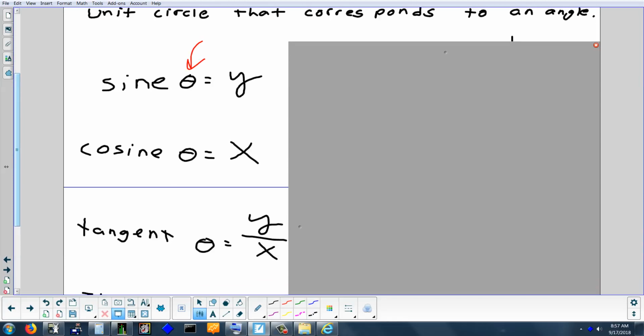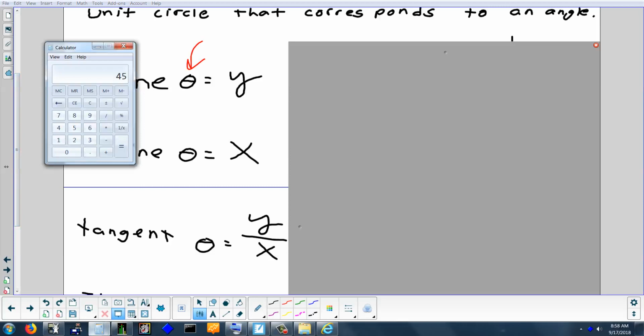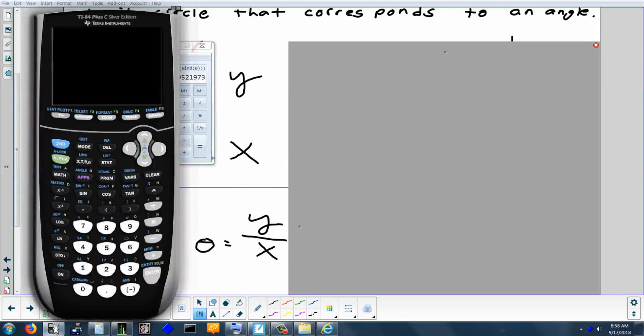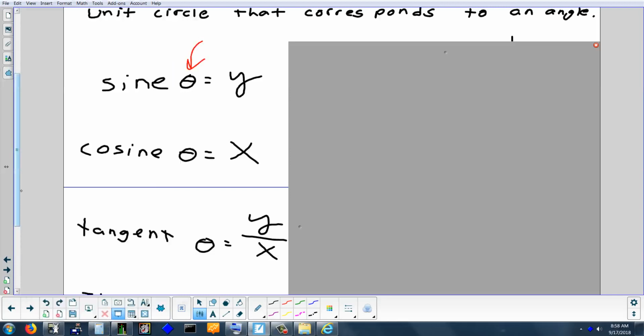Pretty much any calculator that's scientific. This is not scientific right here. But if I make it scientific, sine, cosine, tangent. It's got those three buttons right there. If you've got a graphing calculator, sine, cosine, tangent, right on the calculator. We'll talk about using the calculator a little bit later in the week, but we're not going to need a calculator today.